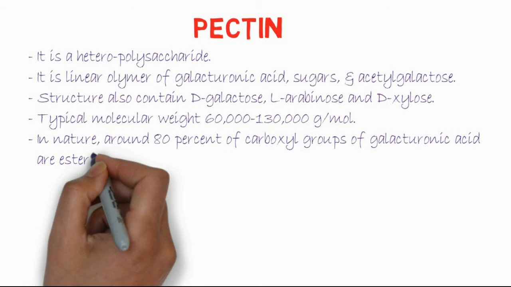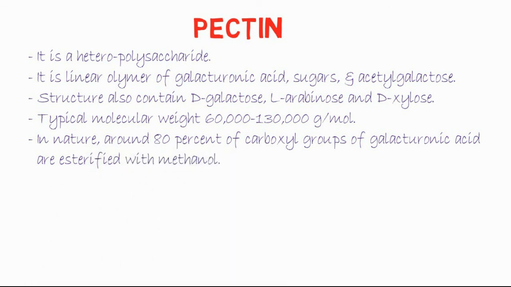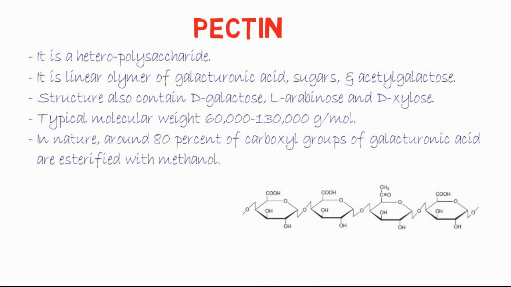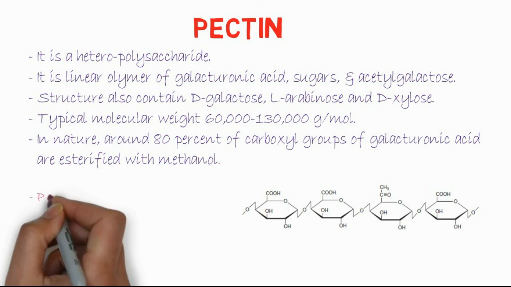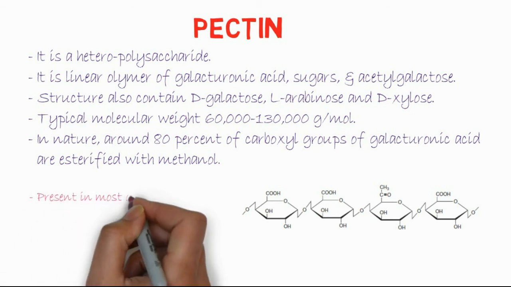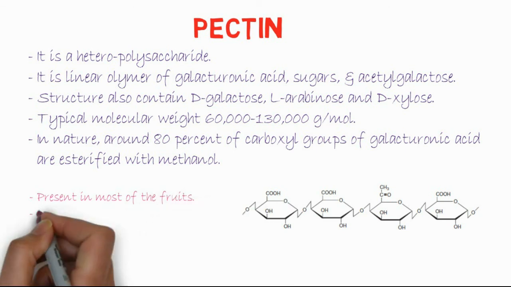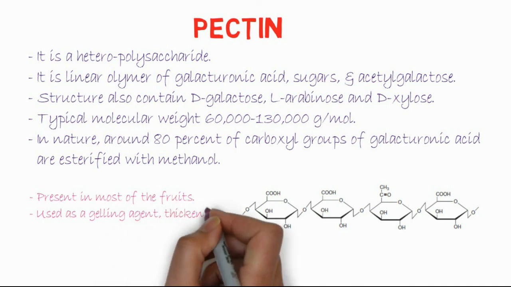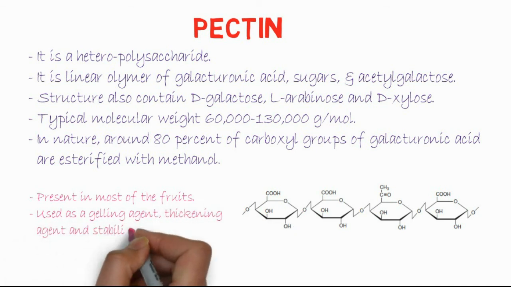In nature, around 80% of the carboxylic groups of galacturonic acid are esterified with methanol. In this picture you can see a carboxylic acid, another galacturonic acid, and then acetyl galacturonic acid, joined to each other to form a polymer. It is present in most fruits. It is used as a gelling agent, thickening agent, and stabilizer in fruits.